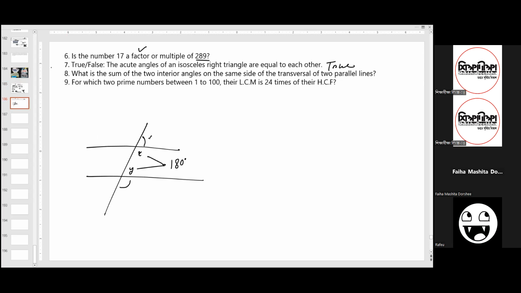So this is A and this is B, and that is also together 180 degrees. And this is true for this side also, right? If it is on the same side of the transversal, then the sum of the pair of interior angles or the pair of exterior angles on the same side will always be 180 degrees.